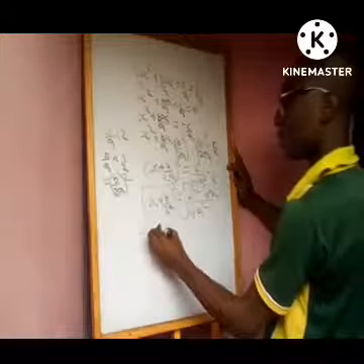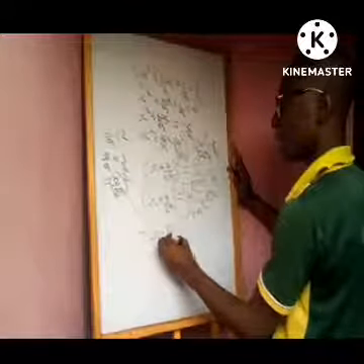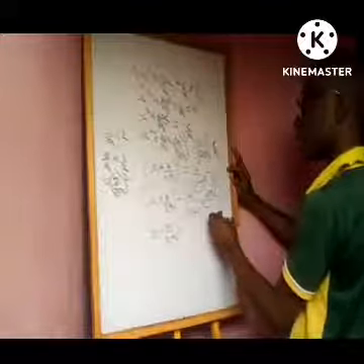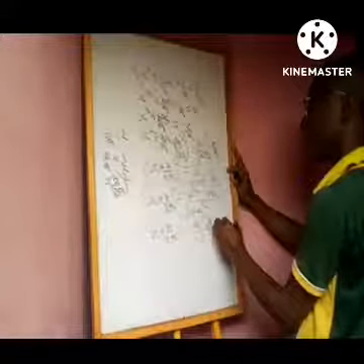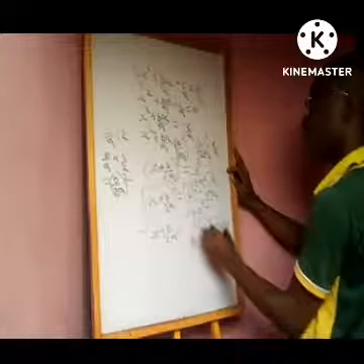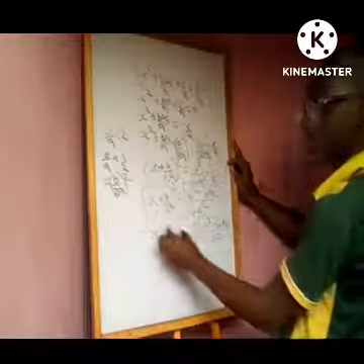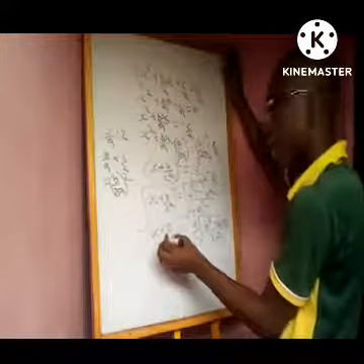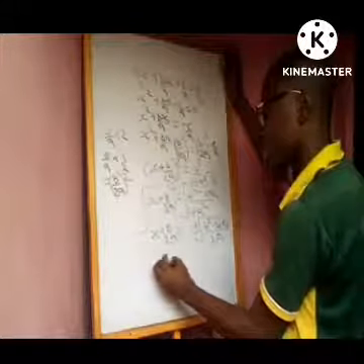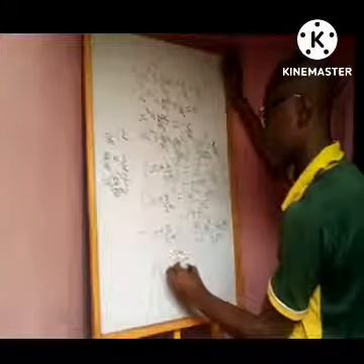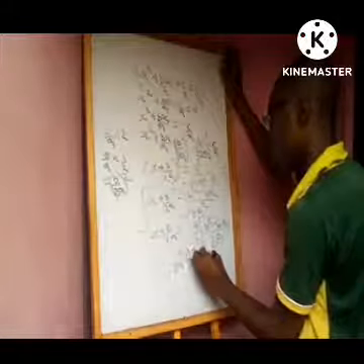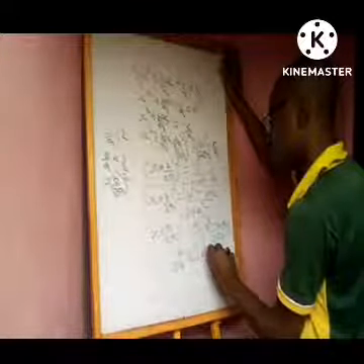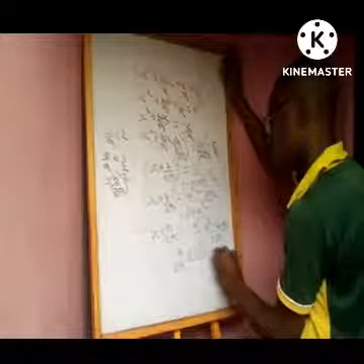That means x plus b over 2a equals plus or minus the square root of b squared minus 4ac over 2a. Then let's move the b over 2a term to the right hand side. That will be x equals minus b over 2a plus or minus the square root of b squared minus 4ac over 2a.